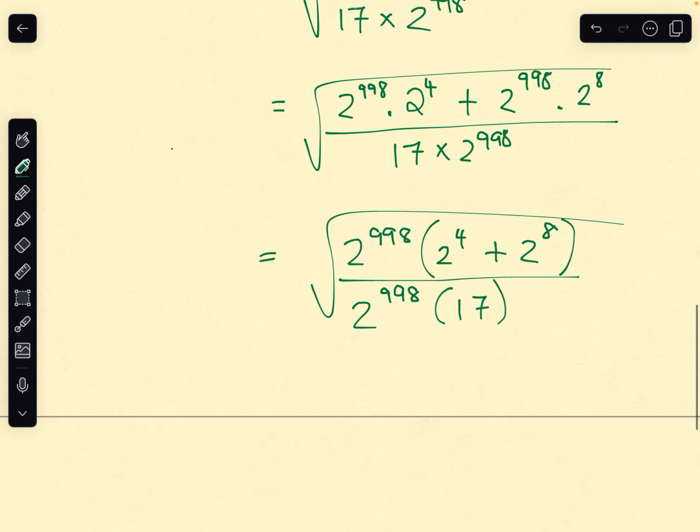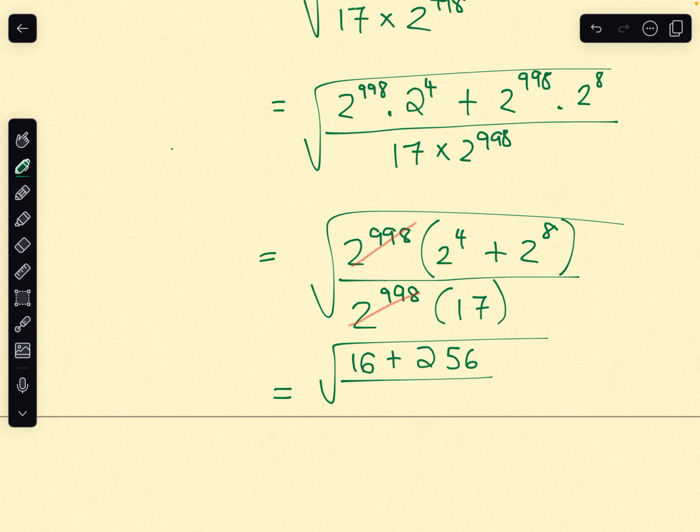Perfecto. Next up, we can cancel these. So we will. Okay. So now we're left with, what shall we say? 2 to the 4 is 16, and 2 to the 8 is another number, 256. We're dividing that by 17.